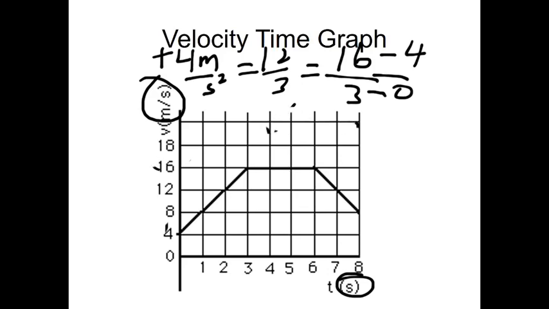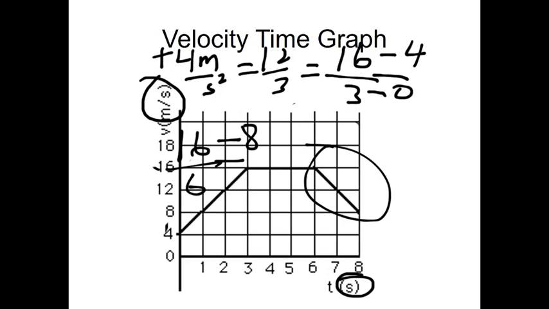Now let's look at the last section of the graph. In this section, we see that the graph has a negative slope because it's sloping down and to the right. Let's go ahead and calculate that slope. At t equals 6 seconds, our y is 16. So 16 and 6, y on top, x on the bottom. At 8 seconds, our y is 8.